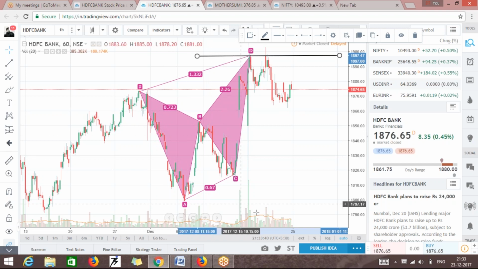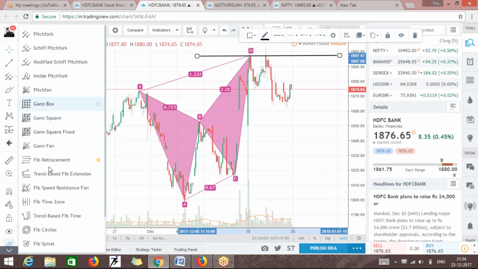Now CD, please focus on this. CD actually is the most important for a butterfly. This is the point where it differentiates. So an extension of 127% to a level of 161.8.